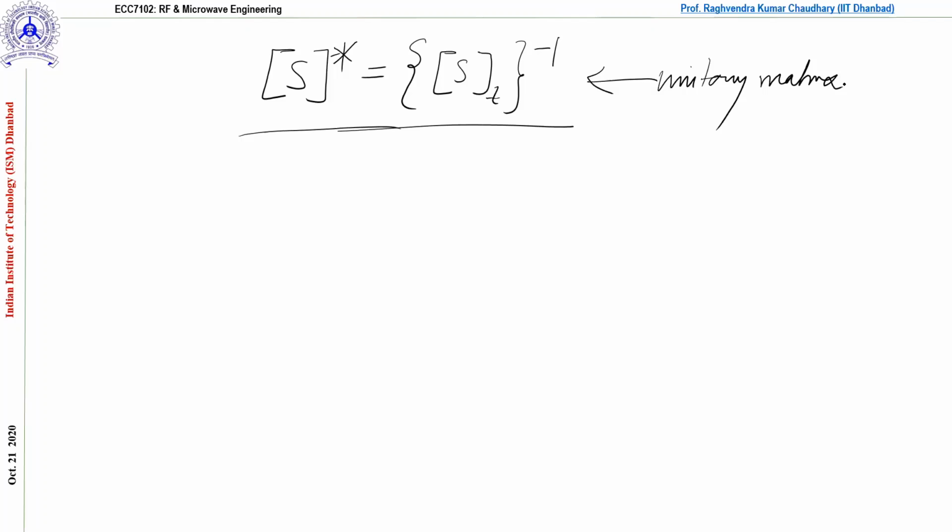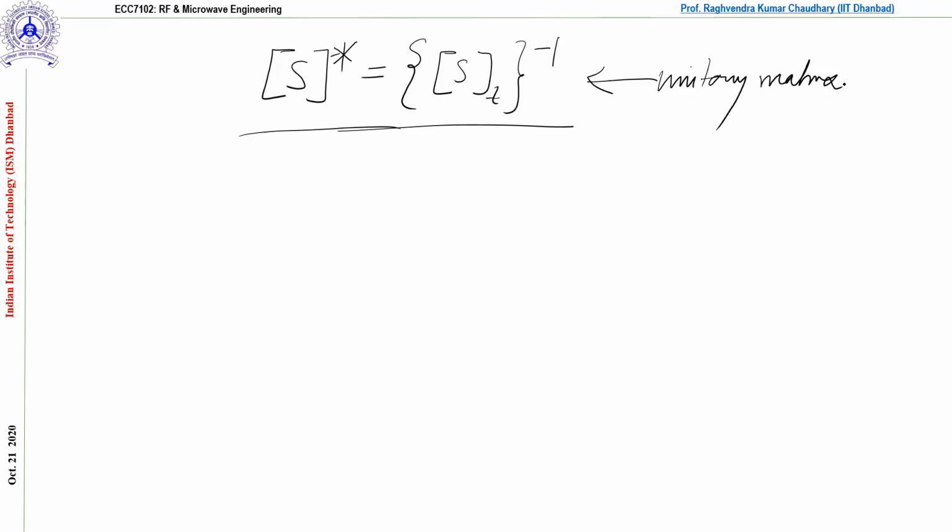Okay, so now let's say for the two-port network, correct? Let us try to do it for the two-port network, and you can verify these facts.